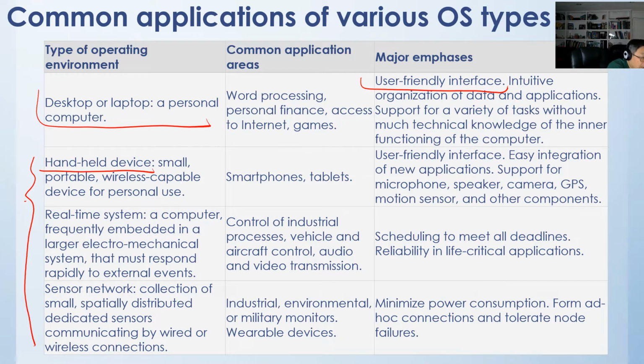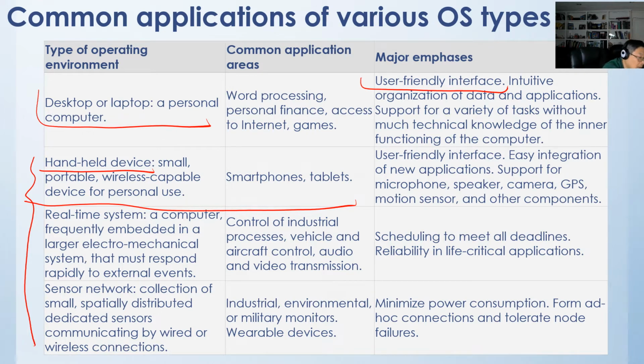These handheld devices also target customers with no computer background. So they should provide user-friendly interfaces and easy integration of new applications, with support for microphone, speakers, cameras, GPS, motion sensors, and lots of different components that people can use through apps.